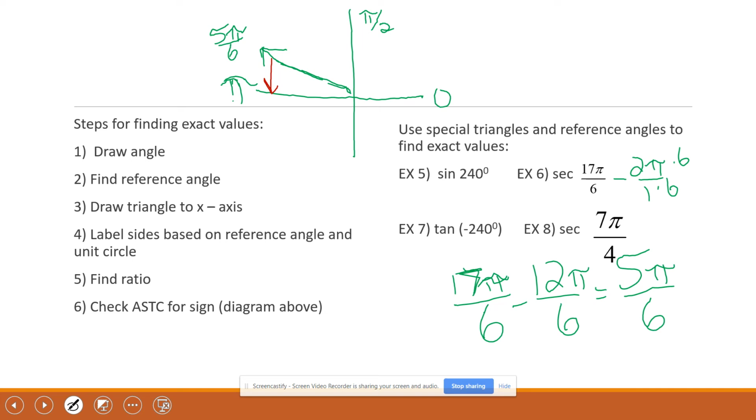So to find our reference angle, we have 1 pi minus 5 pi over 6. Make common denominators. This 1 pi is 6 pi over 6. So 6 pi over 6 minus 5 pi over 6 is 1 pi over 6. So our reference angle is pi over 6, or 30 degrees.